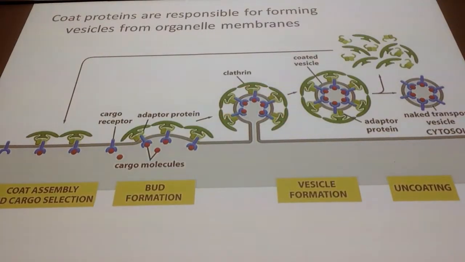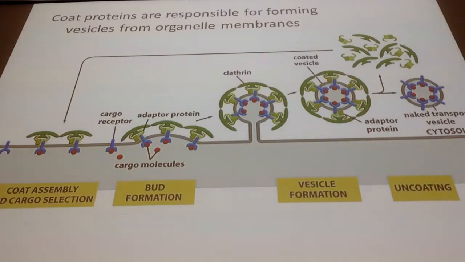That neck right there, the next slide will show that there's a protein called dynamin that actually severs it. Dynamin is a long protein that wraps around the vesicular neck, and just squeezes it until the vesicle just pops out. Okay. Now this vesicle is referred to as a coated vesicle because it's coated with coat proteins.